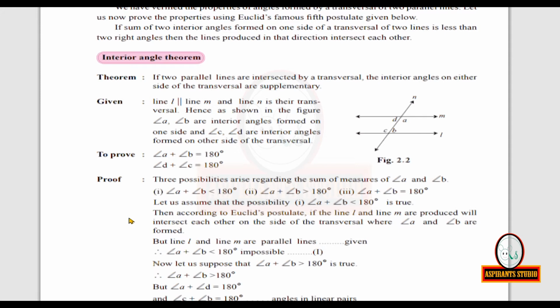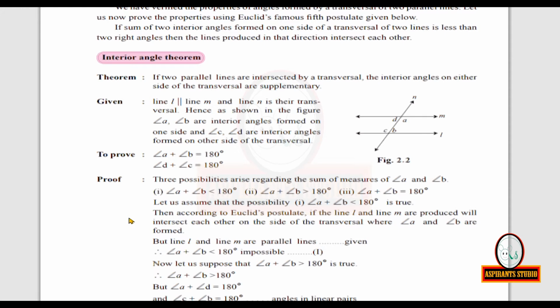Then according to Euclid's postulate, line L and line M, if produced, will intersect each other on the side of the transversal where angle A and angle B are formed. Because Euclid's fifth postulate goes like this: if the sum of two interior angles formed on one side of a transversal of two lines is less than two right angles, then the lines produced in that direction intersect each other.